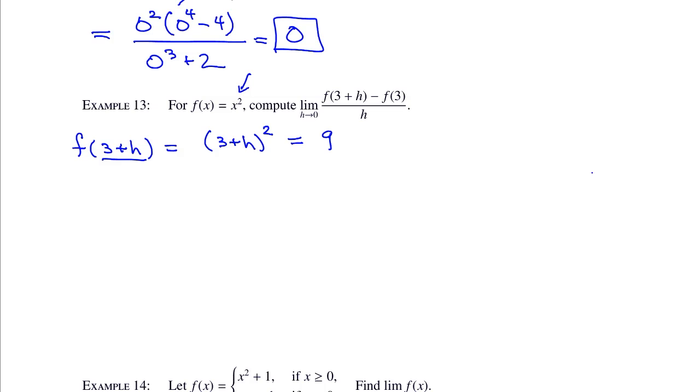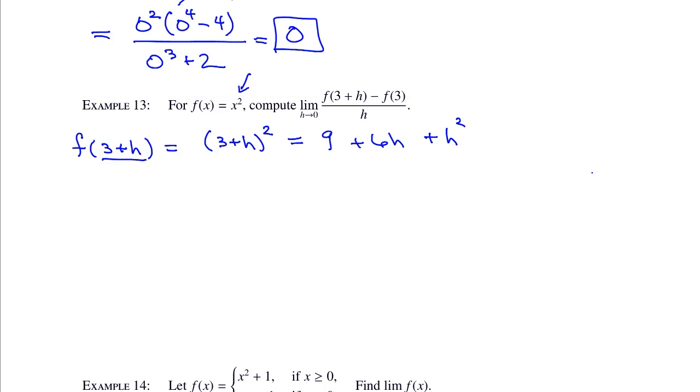You square the last term, that's the h, so you get h squared. And then in the middle, you get the first term times the last term times the 2. So 3 times h times 2 is 6h. Okay. Only works with squaring, doesn't work with cubes or fourth powers or anything else. But it does work with squaring.